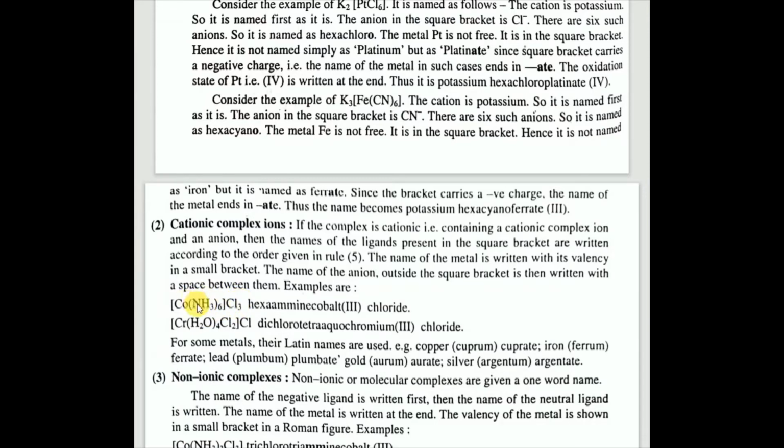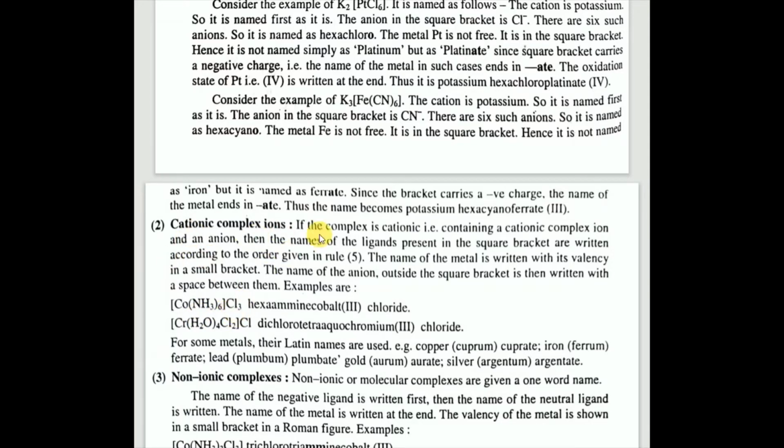So when we write the name of the cation, in the square bracket first write the name of the ligands. The ligand is ammonia. There are 6 ammonia, therefore the name is hexaammine. The central metal is cobalt, so the name is hexaamminecobalt. Then write the oxidation number of the central metal, the oxidation number of cobalt is 3 in Roman numerals. And finally write the name of the anion, which is outside the square bracket.